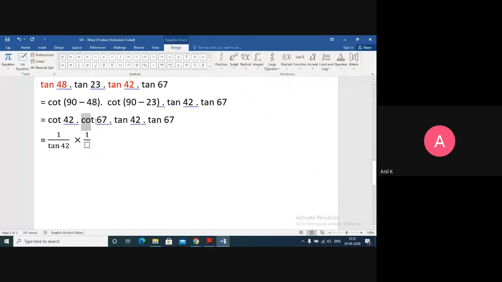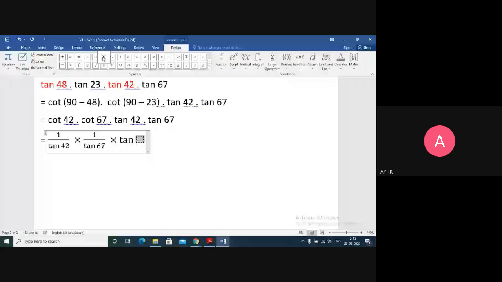Cot theta times tan theta is nothing but 1. Then multiplied by the remaining terms, I can see the terms will get cancelled.